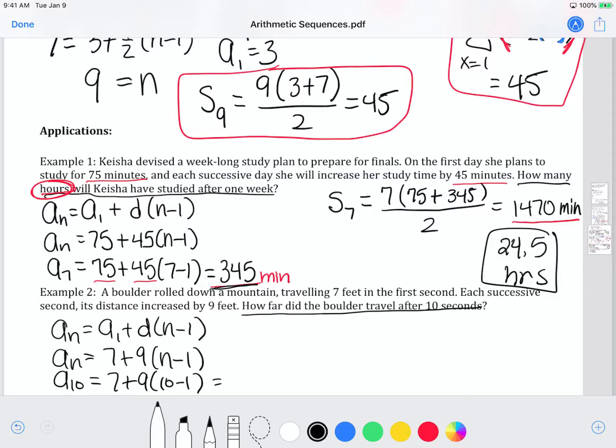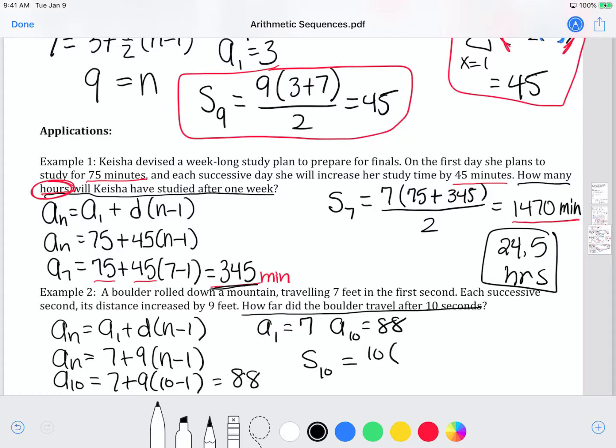So when I take 7 plus 9 times 10 minus 1, I'm going to get 88. So I know that A1 is 7, A10 is 88. So now I can plug it into my partial sum formula, and we're looking for the sum of the first 10 terms, so we're looking for S10.